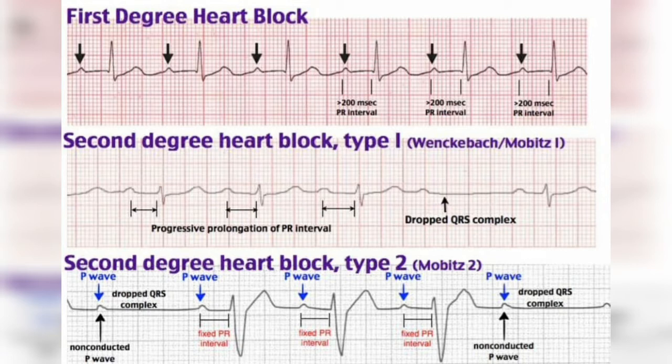Several mutations in the SCN5A gene have been linked to familial AV conduction block.